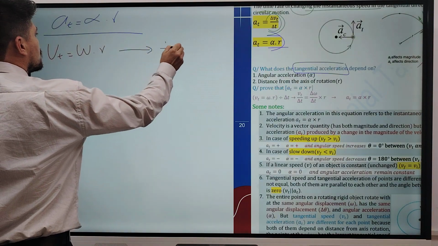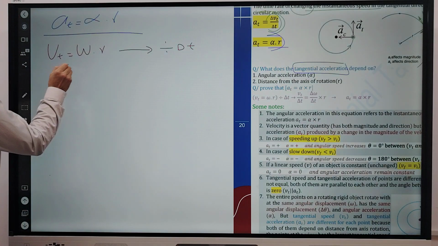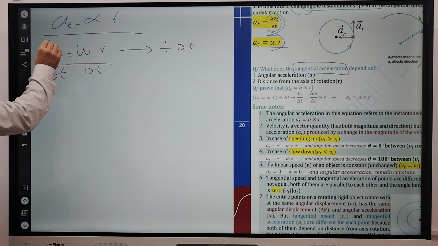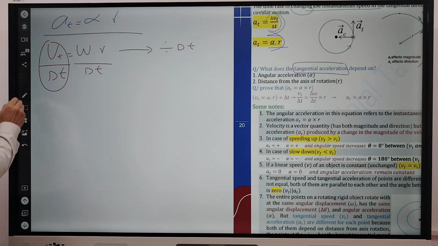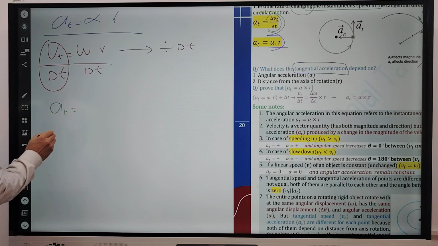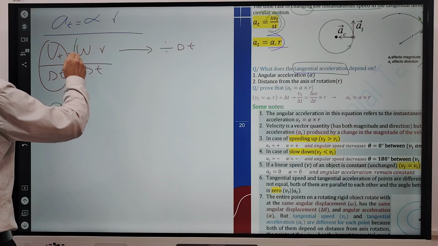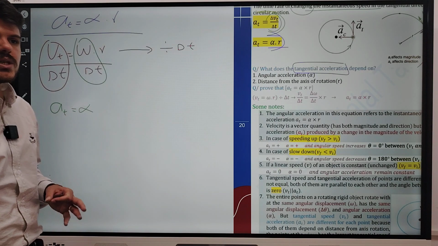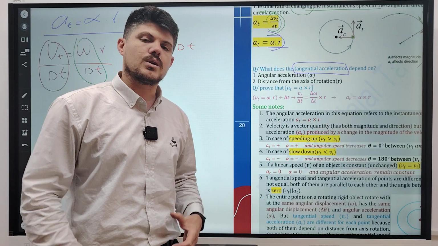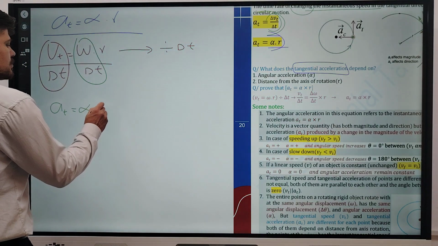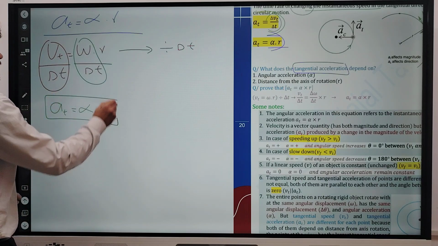Both sides are divided by t. Vt divided by delta t is equal to At. Okay? And omega divided by time is equal to what? Alpha, the angular acceleration, which is the time rate of changing of the angular speed. Okay? Multiplied by what? By r.